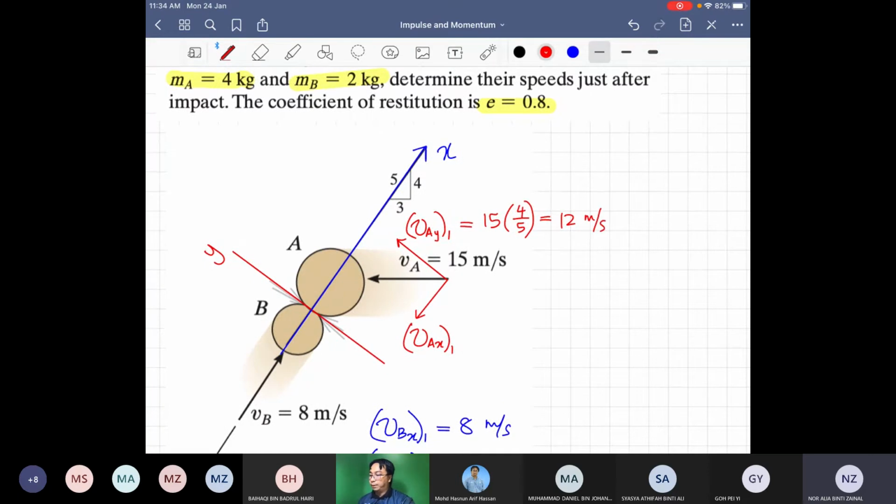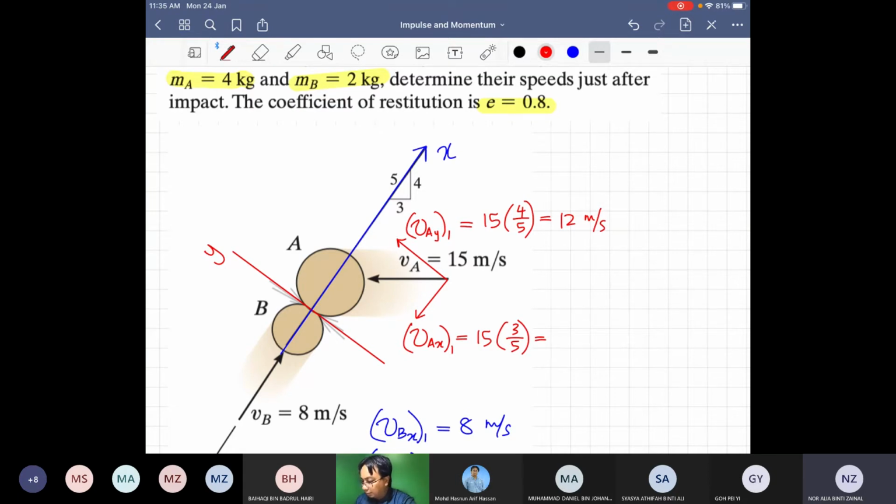For VAX1, since earlier it was 4/5, we now multiply with 3/5. So this is 15 times 3/5, which gives 9.